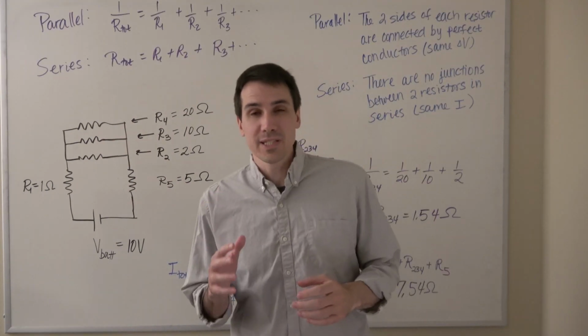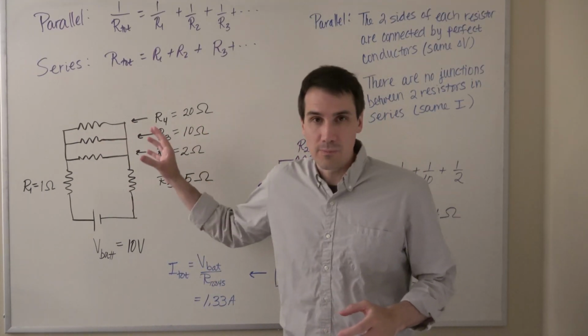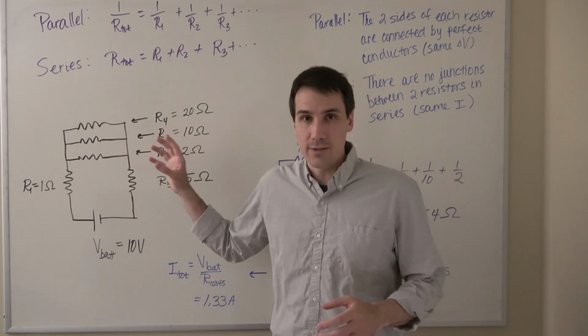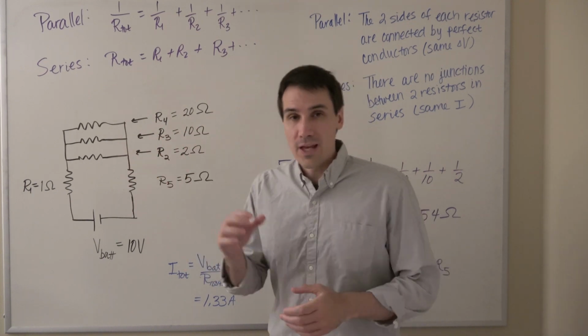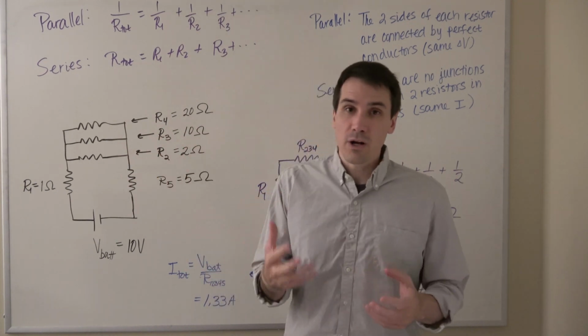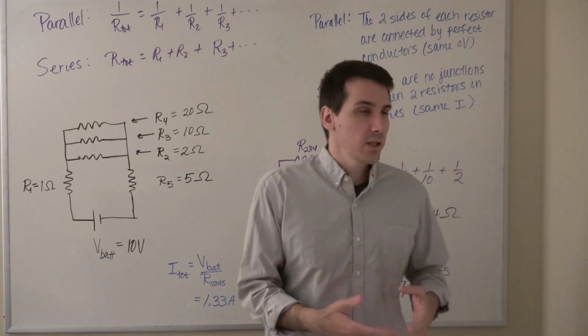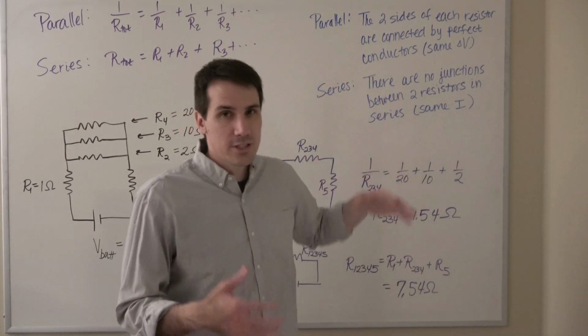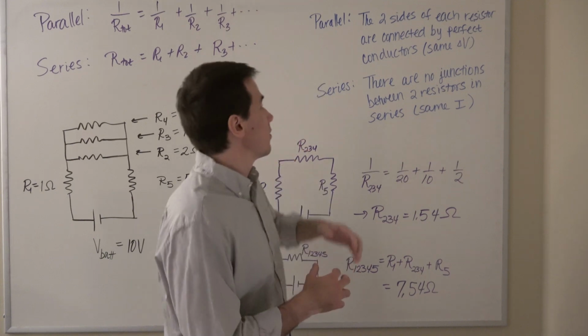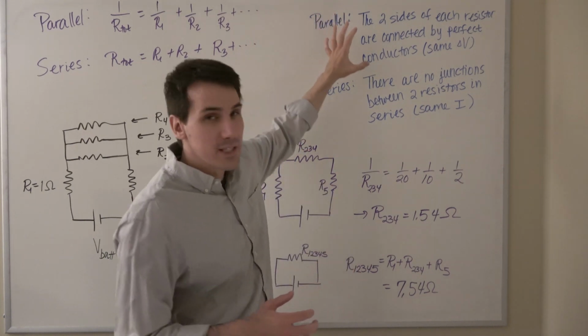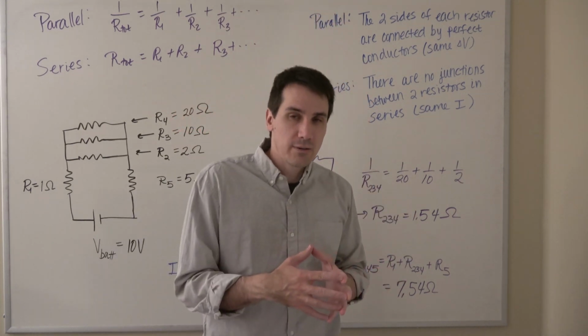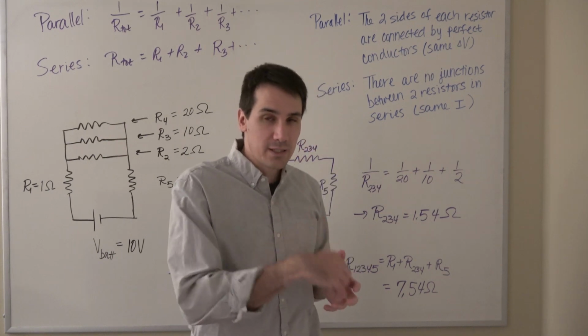Now let's look explicitly at how we can begin to combine these resistors to find the total resistance. First, what we need to know is, what are we actually looking for? The most handy definition I have for parallel is that the two sides of any resistors in parallel are connected by a perfect conductor.